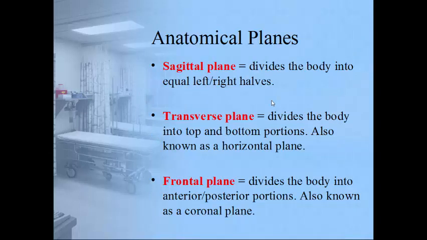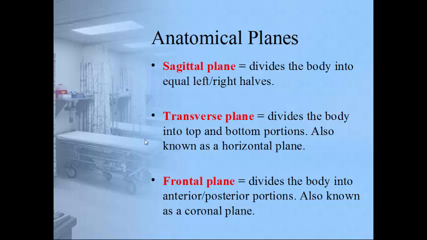Okay, in addition to the terms that we just discussed and many others that we just don't have time to go over, the body can be divided into imaginary planes. There are several, but we'll go over the main three, and they're listed here. The first one, the sagittal plane. This will divide the body into equal left and right halves, so being cut down the middle of the body.